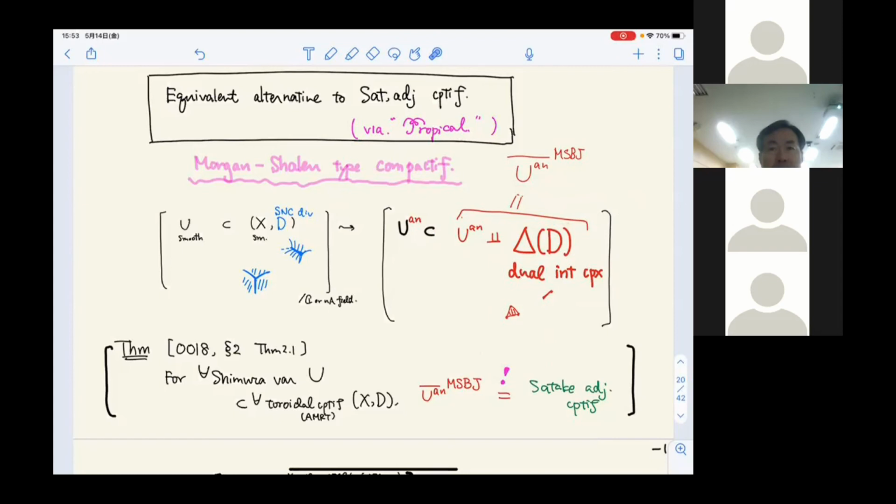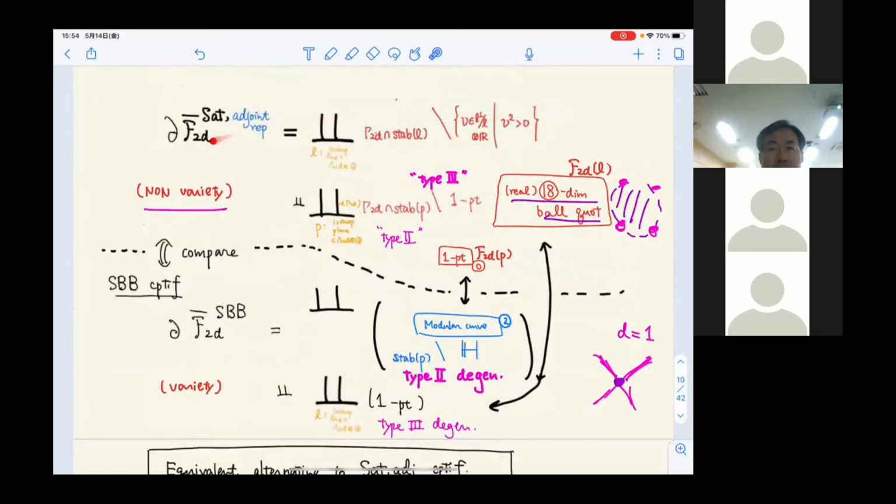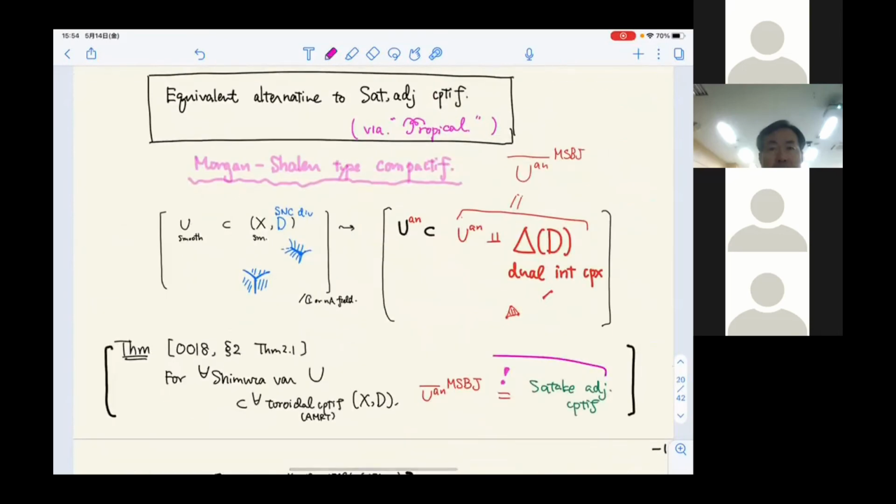So this looks like a really weird compactification. It is certainly not a variety, but what we show in general is that for any similar variety and its toroidal compactifications, the obtained compactification, which I call MSBJ, of this kind originates in Morgan-Shalen's work. This Morgan-Shalen type compactification coincides with this Lie theoretic Satake compactification.